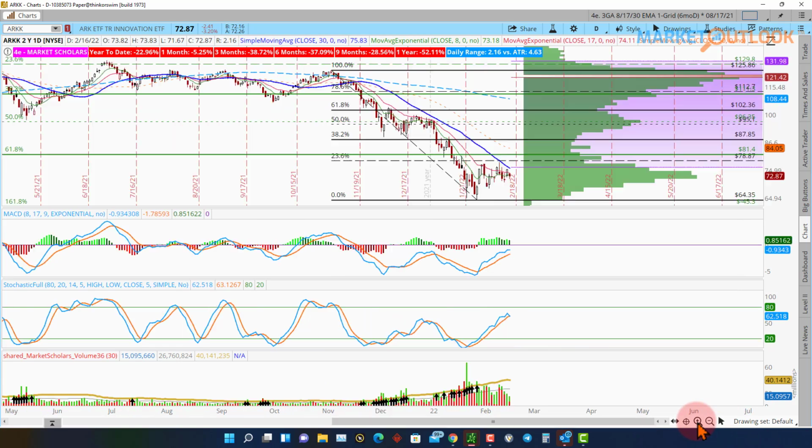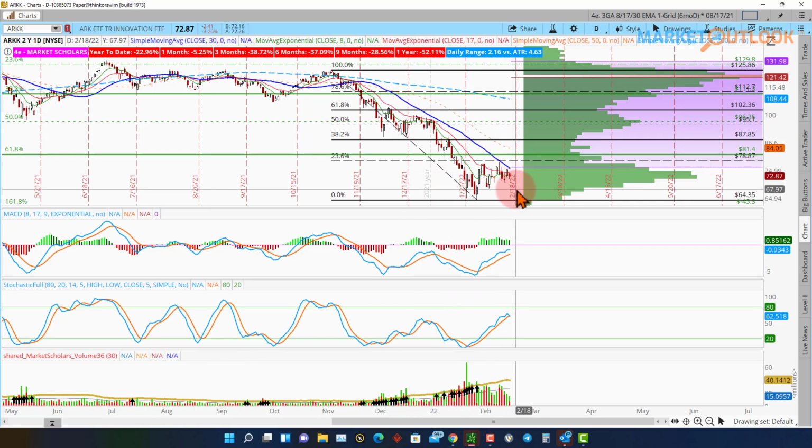ARK Innovation has gotten below its 2-year value area and is forming a little bit of a node here, also forming some resistance. You're well in the bear cross territory, and you're way down here, and the MACD has been rising as you've been in this kind of bullish convergence. But over here you had a bullish convergence and it went to a new leg lower.